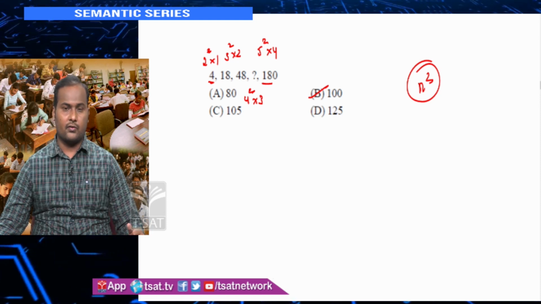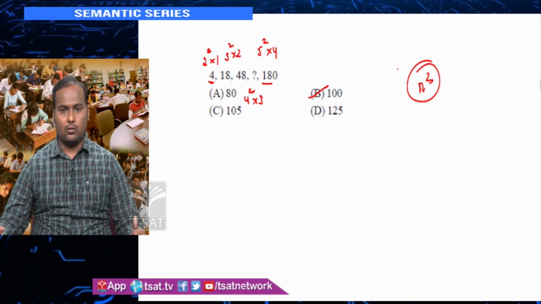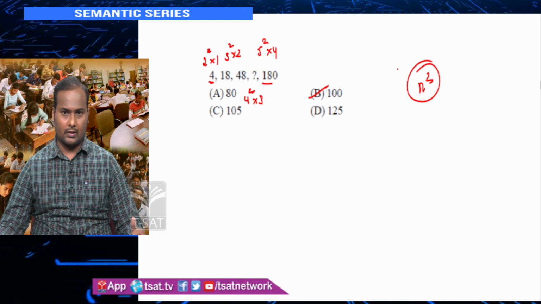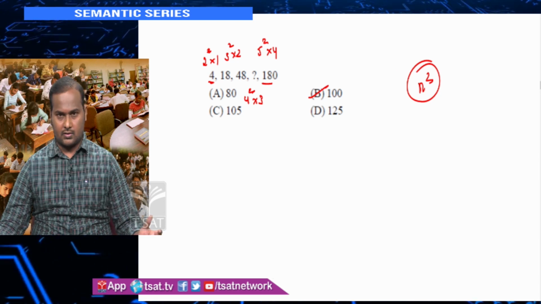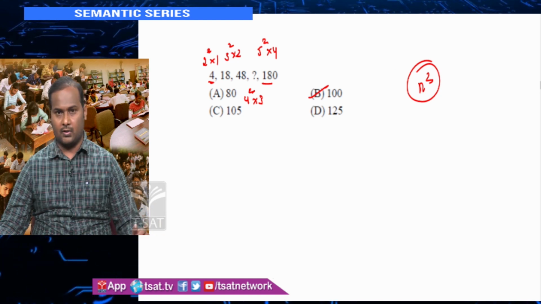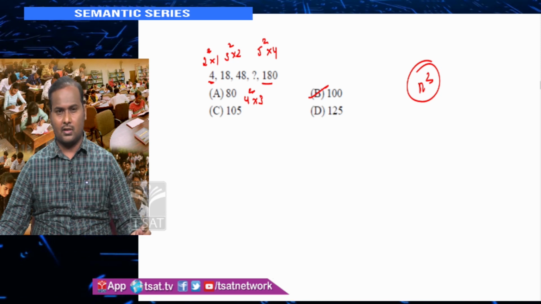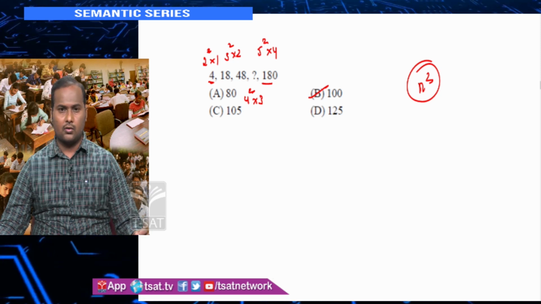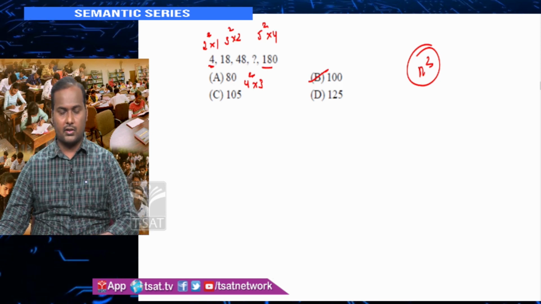Now in this case it is given multiplication, that is square multiplied by 1, 2, 3, 4 like that. So in the examination he will give combinations of squares: square addition, square subtraction or square multiplication. If you are aware of all these types, then it will be very easy for you to recognize them in the examination.